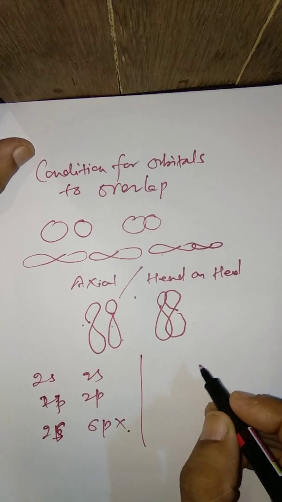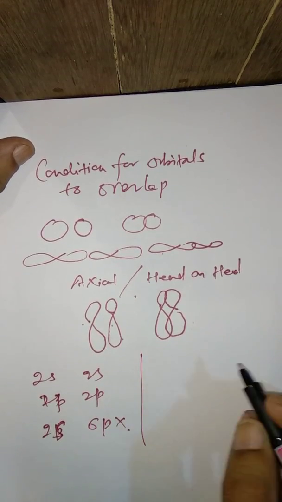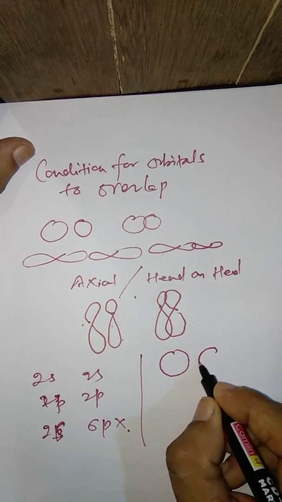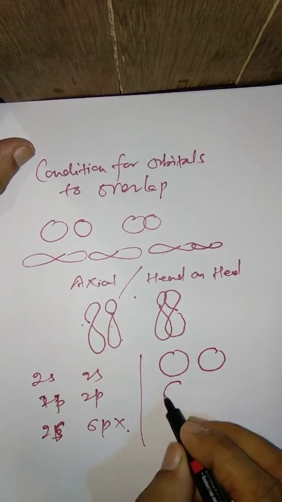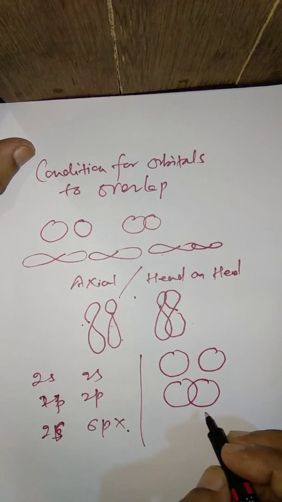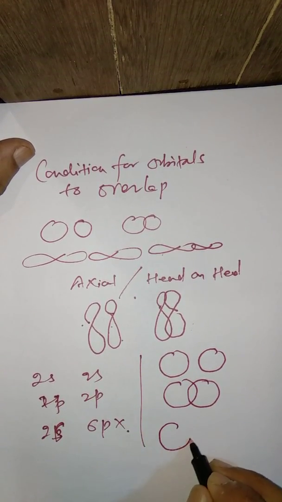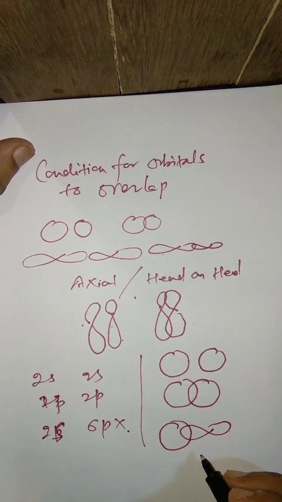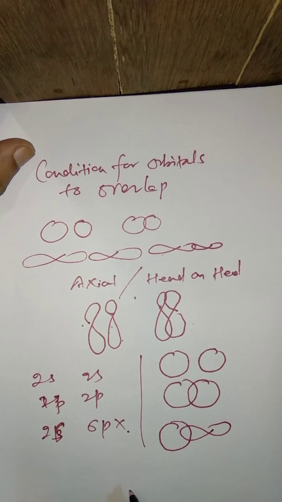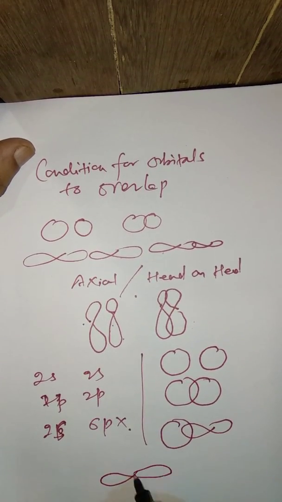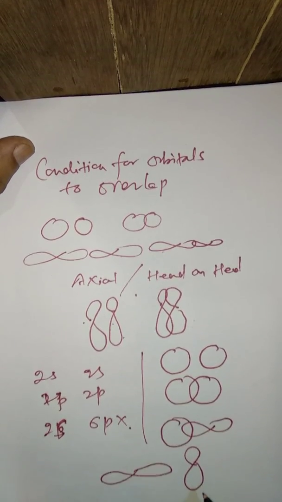Secondly, they must have symmetry. For example, when s and s overlap, they form a sigma bond, and we can see that there is symmetry. If s and p orbitals overlap, again we can see that they have symmetry, but we cannot find overlapping between this p and this p, as they are not in symmetry.